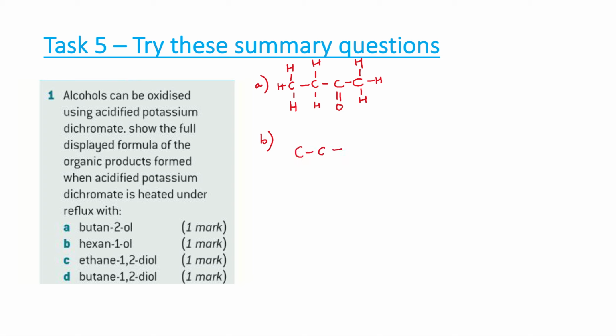So a hex chain, like that, and if it was hexan-1-ol, it would have been coming off carbon 1, so our carboxylic acid is going to be here. Again, I'm going to show all the bonds because it did ask for the displayed formula. And then just all of these carbon hydrogens go in as well.